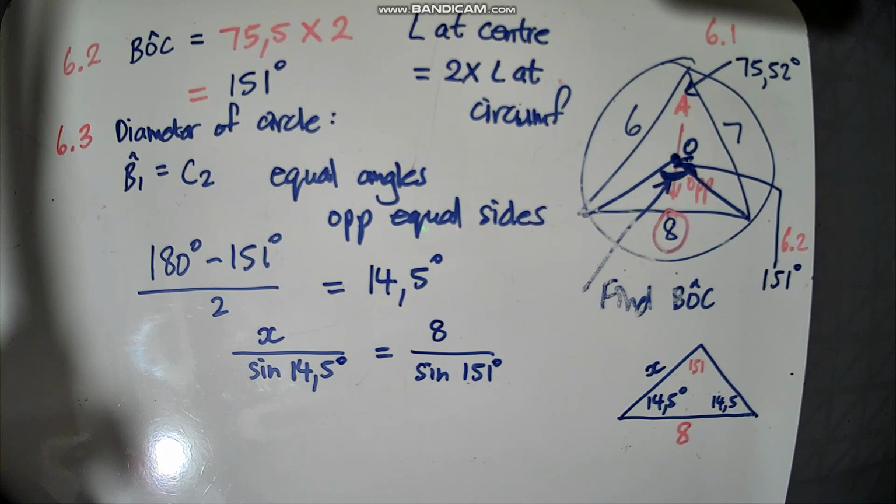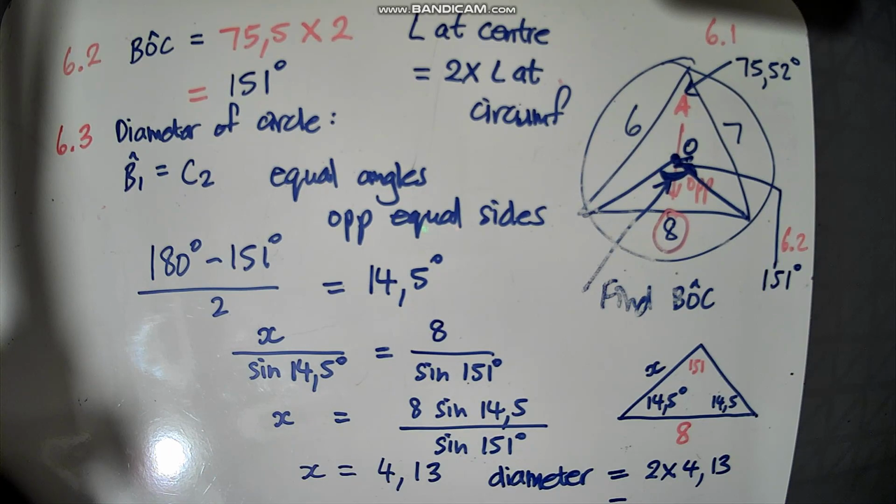Now the next step would be to make x subject of the formula by multiplying both sides by sine 14,5. In other words, move sine 14,5 over to the other side in the numerator. Punch it into your calculator. That will be the answer of the radius.